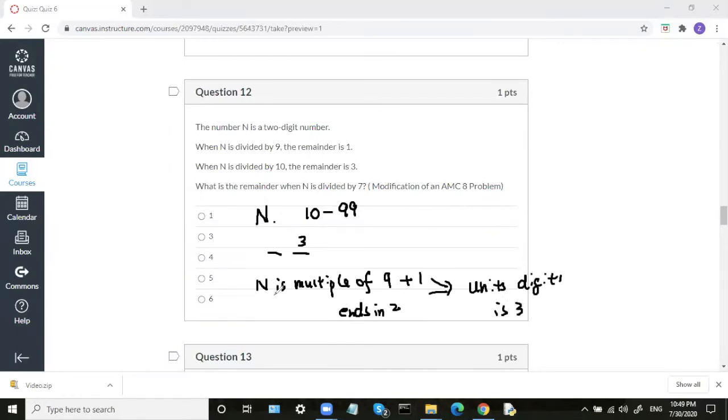So what is the 2-digit number which is a multiple of 9 and ends in 2? Of course that is 72. So n would be 73. Okay, n equals 73. So what is the remainder when n is divided by 7? It would be 3. So the solution is B.